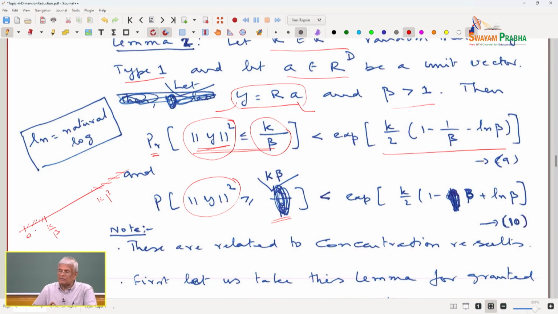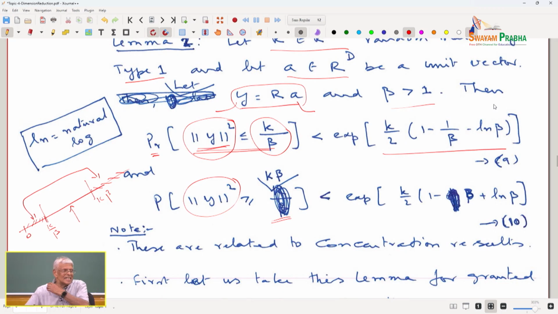Please understand, this can never be less than 0. So if I can compute these probabilities, I add the probabilities of these two events and subtract from 1, and that will give you the probability that it lies in this region. So the probability that it lies in the desired region is 1 minus the sum of the probabilities of the two tails.